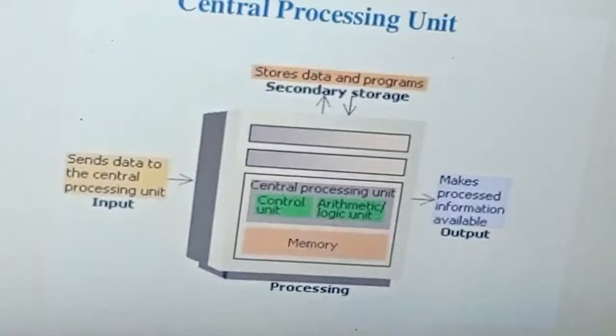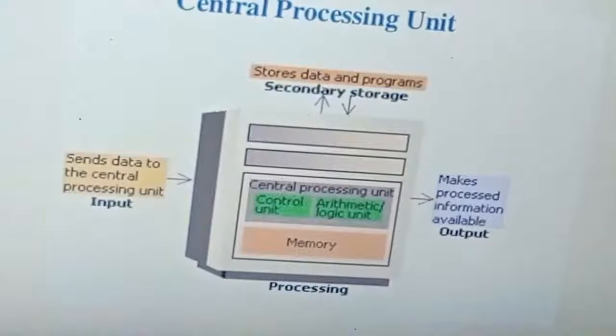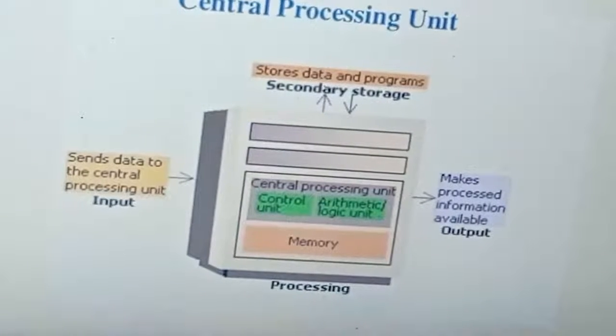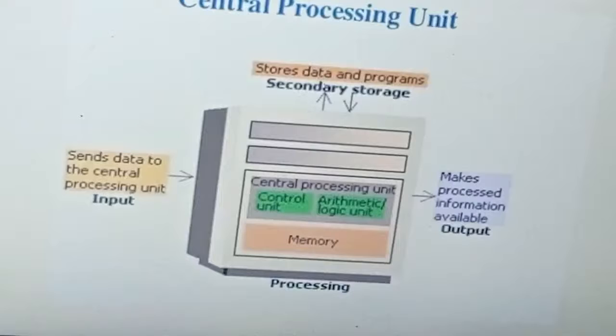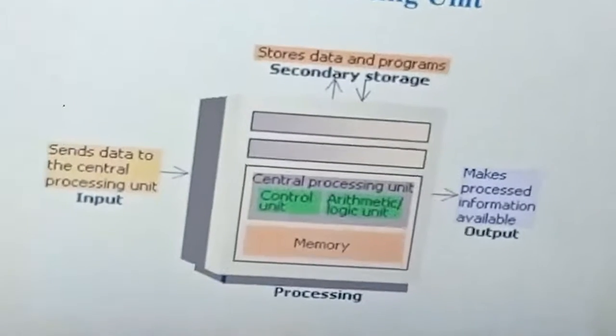Now coming to the third step, the arithmetic logic unit performs arithmetic operations, for example addition, subtraction, and so on, and logical operations like AND, OR, NOT, that is the ALU, and the control unit performs the action on the data. This stores the result in memory, together called execution time.